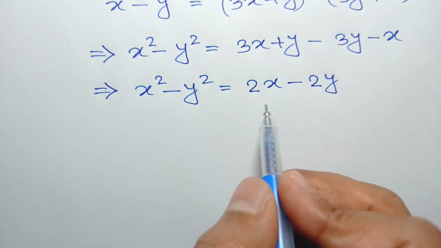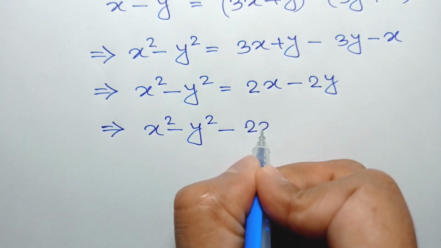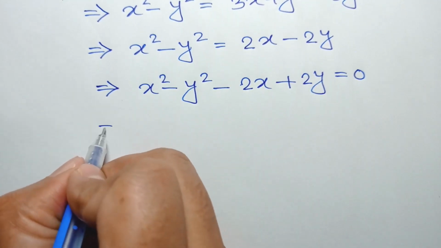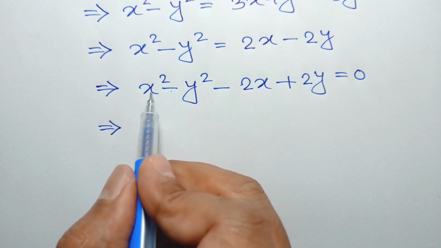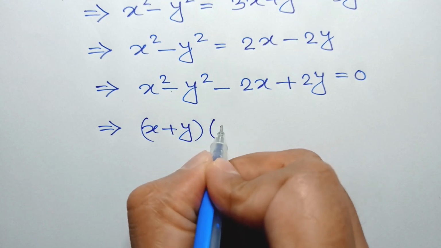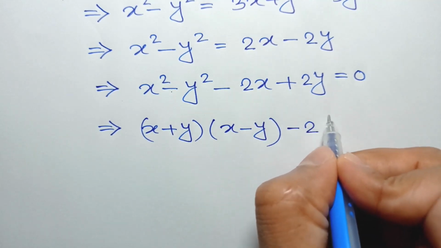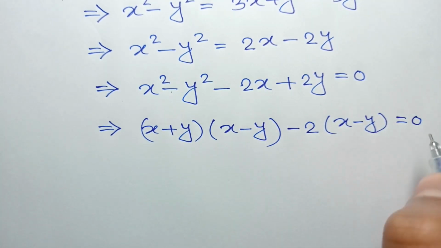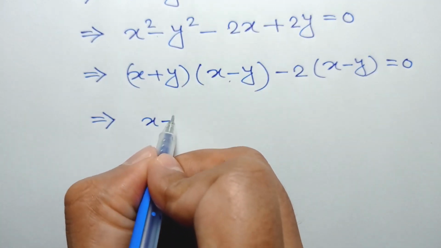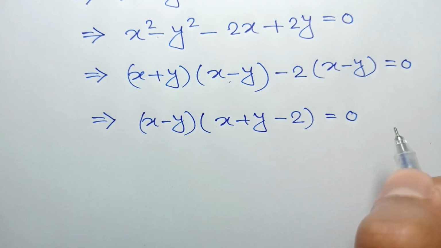Now taking this right side to left, we can write x square minus y square minus twice x plus twice y is equal to 0, or applying the formula a square minus b square is equal to a plus b times a minus b, we can write it as x plus y times x minus y, and taking common negative 2 from the last two terms, we can write negative 2 of x minus y is equal to 0, or taking common this x minus y, we will have x minus y times x plus y minus 2 is equal to 0.